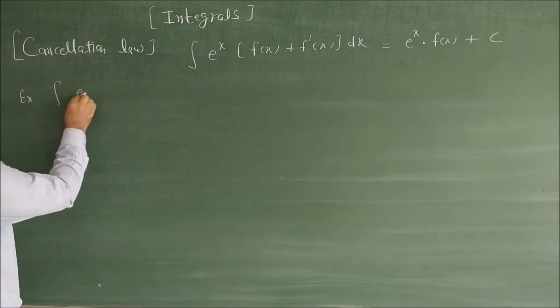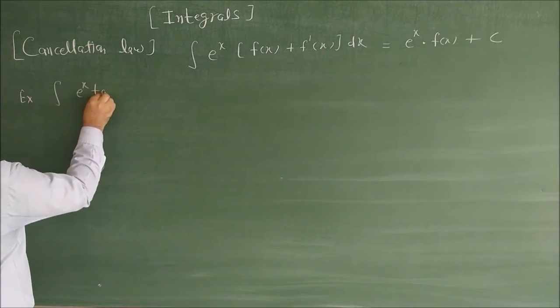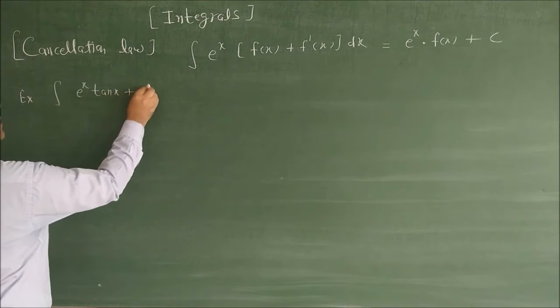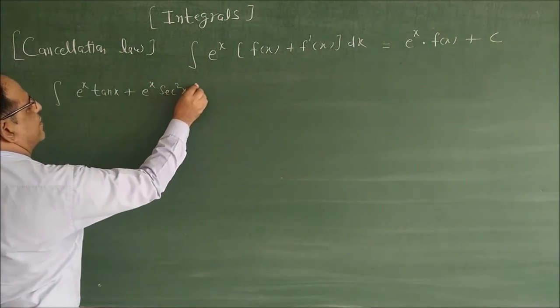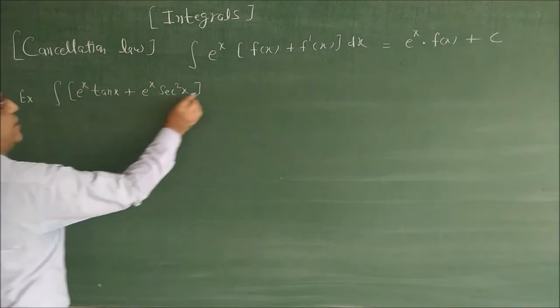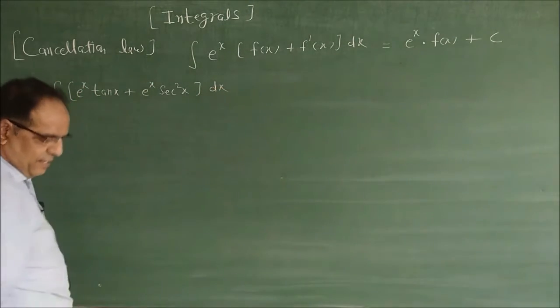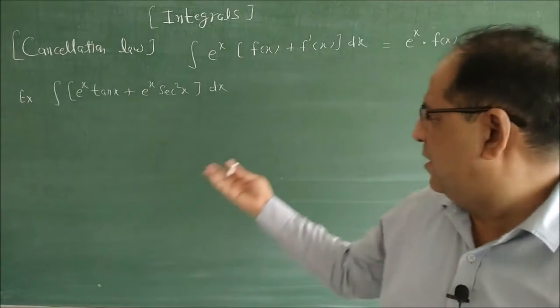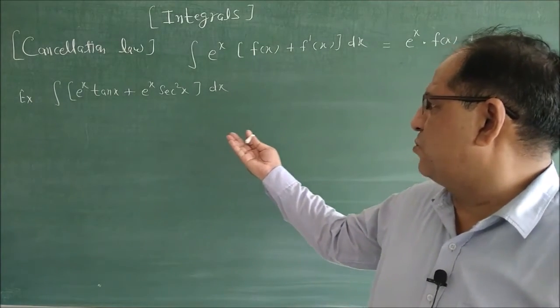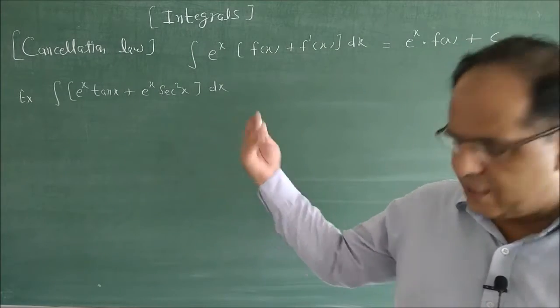the integral is given as e to the power x tan x plus e to the power x sec square x dx. If we are not aware of the cancellation law, we solve this question using integration by parts.